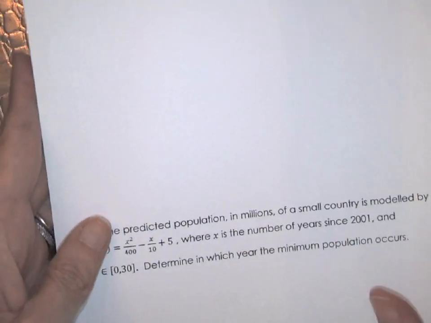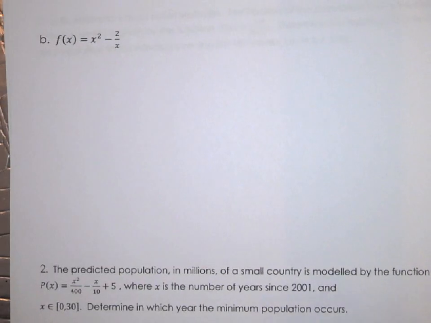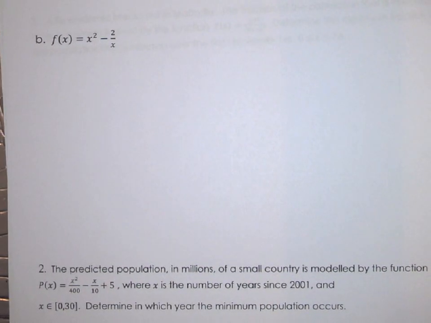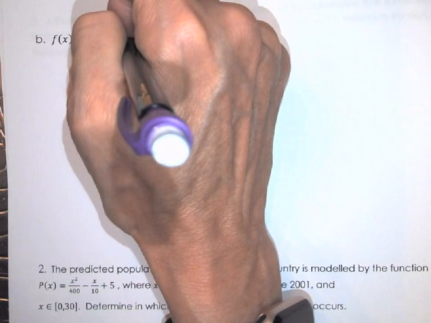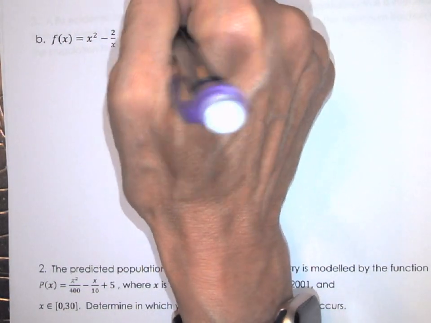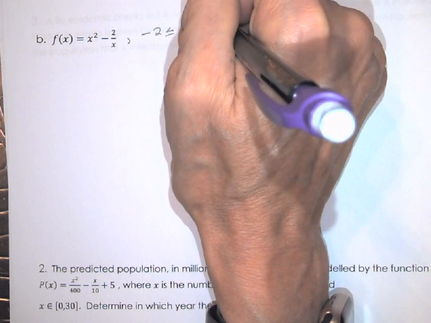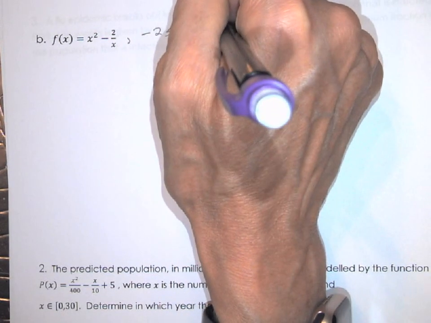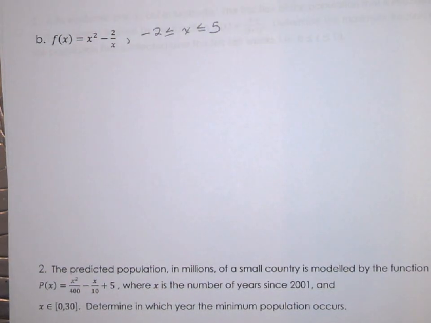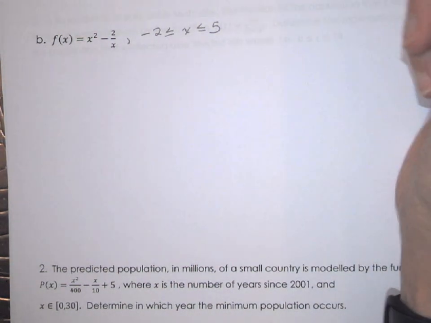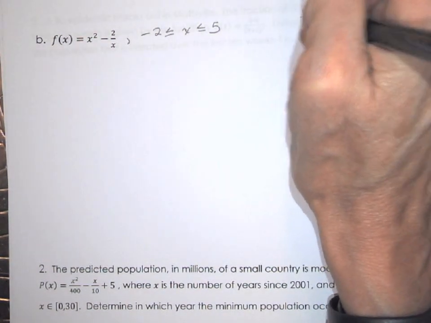Okay, next question. We weren't given the endpoints here, so my bad. We'll make them up. We'll do from, I don't know, -2 to 5, let's say. So we'll test our endpoints first. We'll find f at -2.